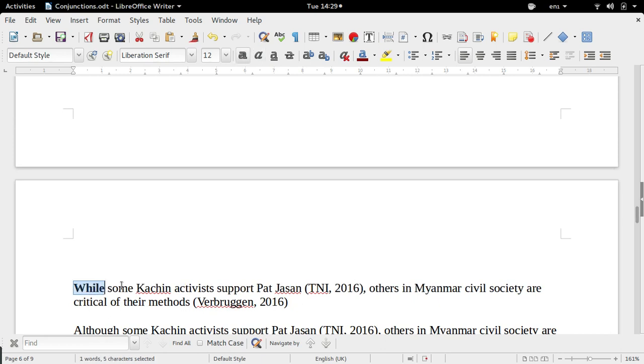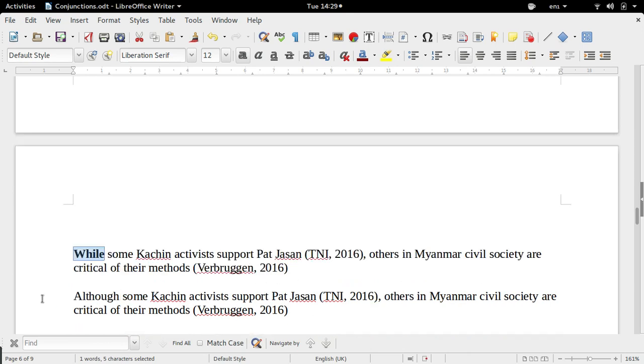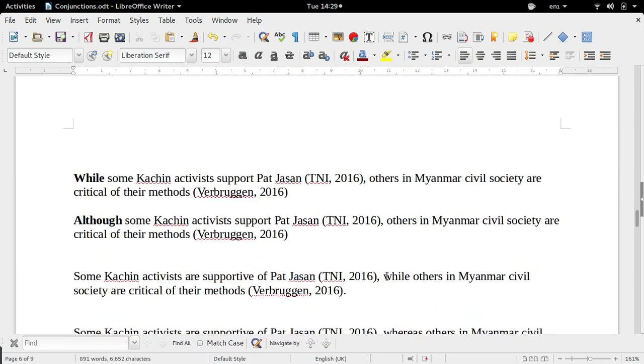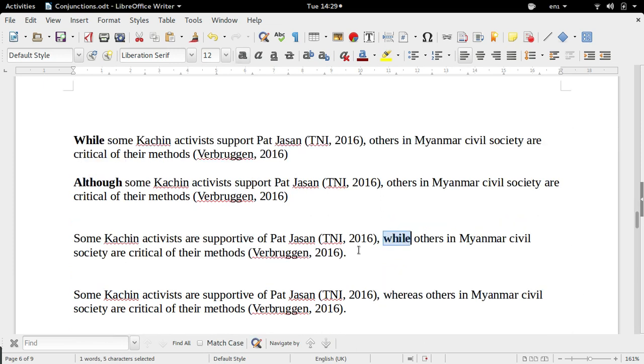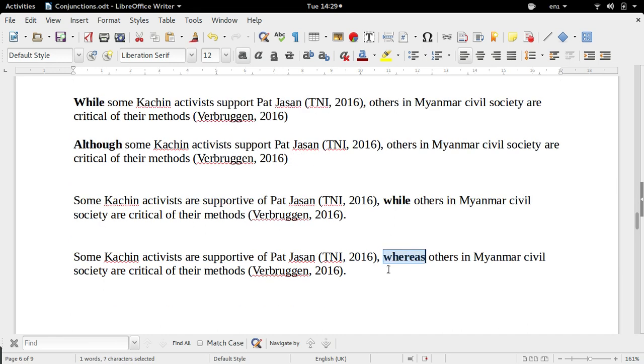While some Kachin activists support Pakistan, others in Myanmar civil society are critical of their methods. Okay, so you can see we've got the two different ideas there. We can also use although instead of while, or we could put while in the middle. Or we could use whereas. Those are different ways to show difference, to show contrast.